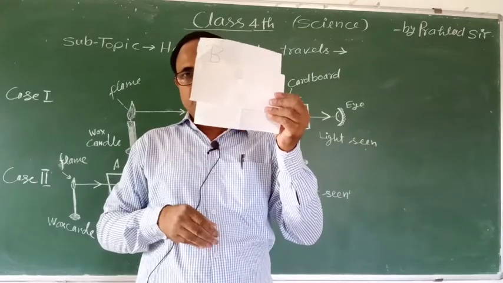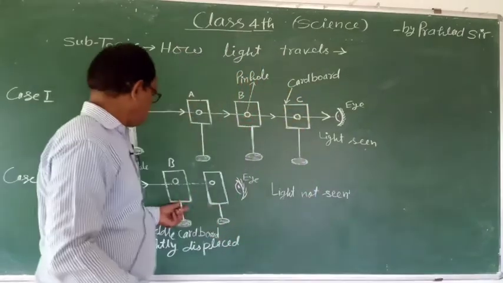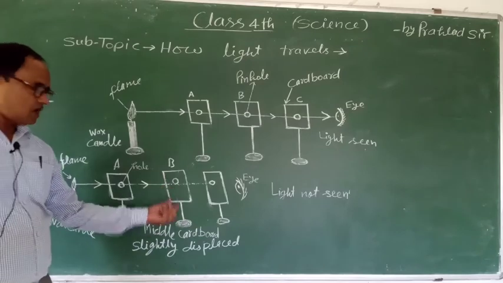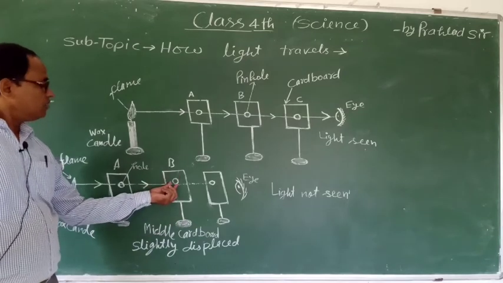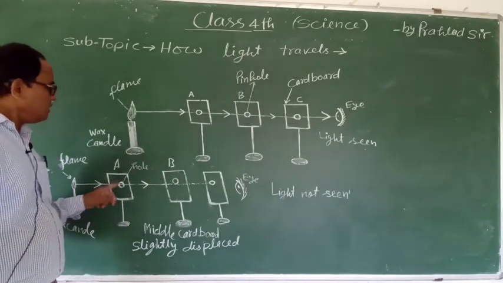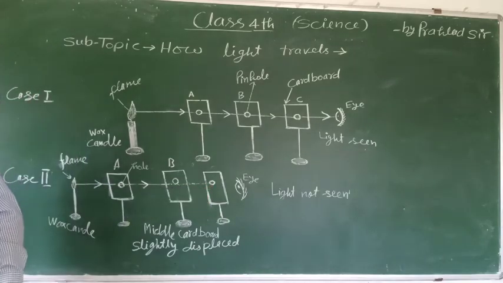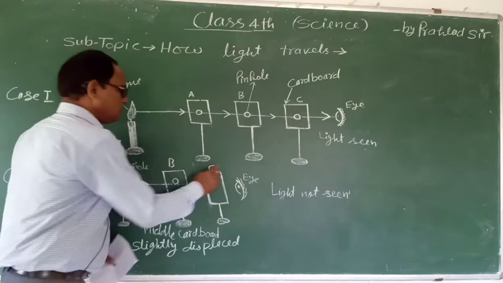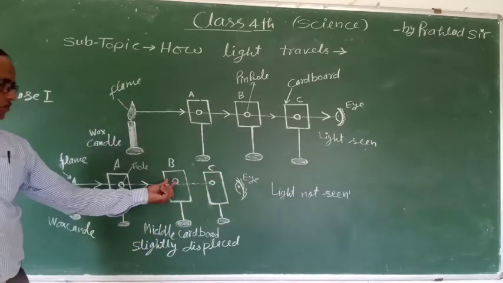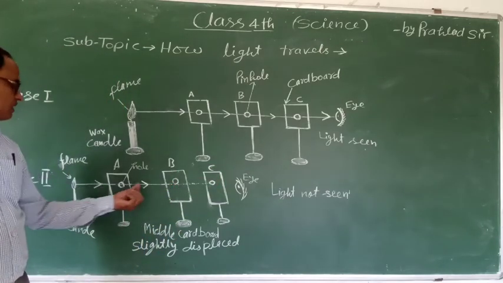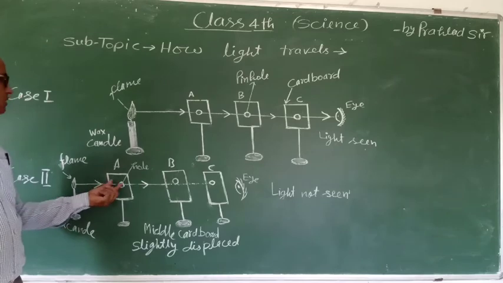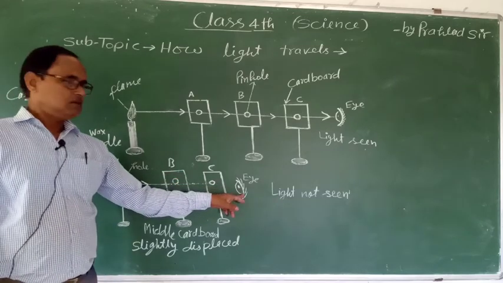Okay students, when the middle cardboard is slightly disturbed, the pinholes of A and C are no longer level with B's hole, so the light does not fall on our eyes.